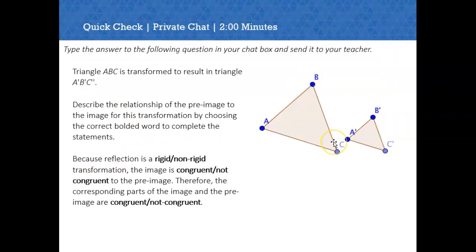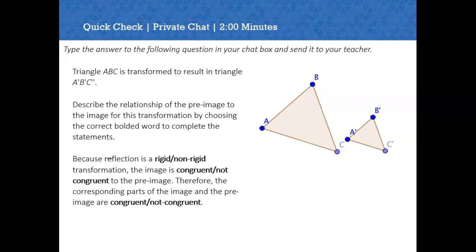Triangle ABC is transformed to result in triangle A prime, B prime, C prime. So this is the pre-image. This is the resulting image. We can see from the pre-image to the image, it has shrunk. It is smaller. So let's describe the relationship.